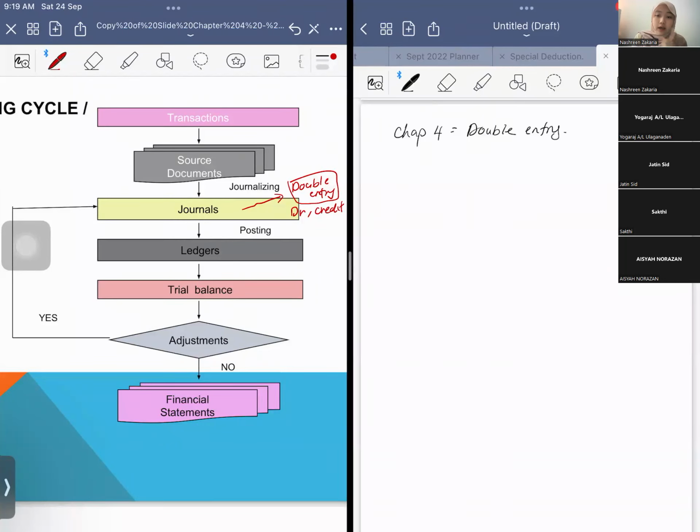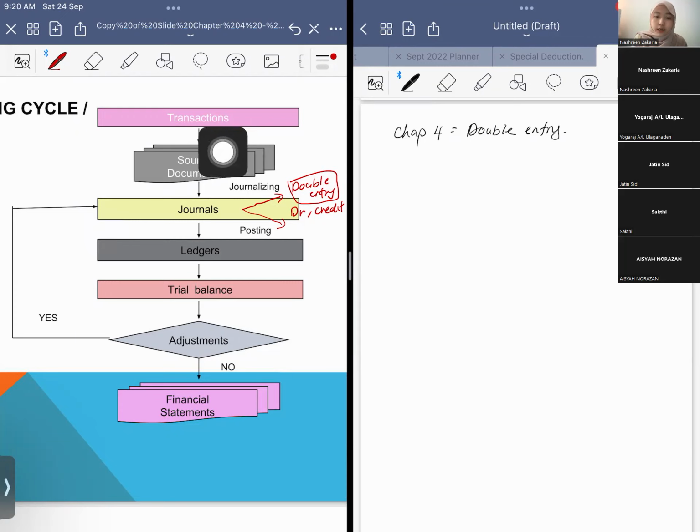So in our chapter today, we are at the step of journalizing. You need to know about double entry, debit and credit first, then you will be able to prepare a journal.